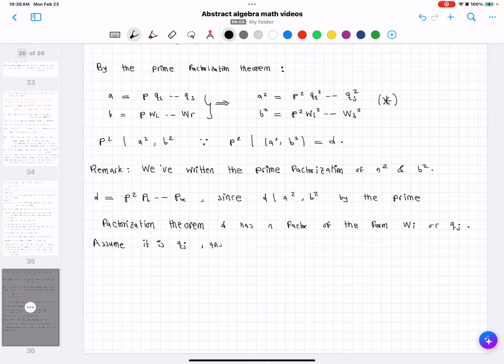And consider T to be equal to P times Qj. First, we'll prove a remark, that A written as P times Q1 to QS and B is equal to P W1 to WR.